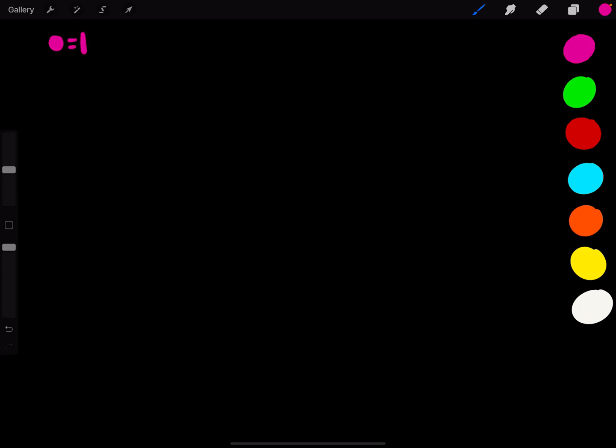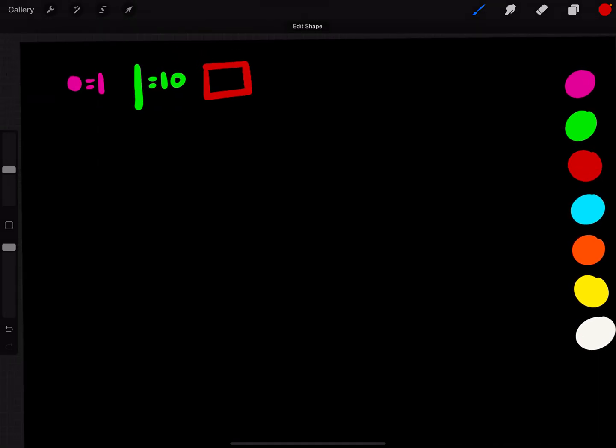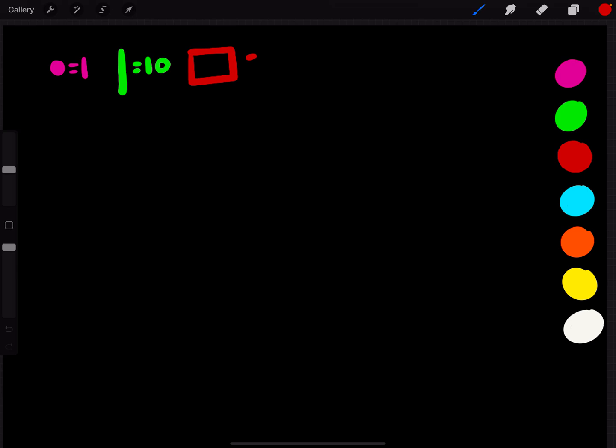And then we have that green to equal a tens rod, and it equals 10. And then we'll use this robust red to do a hundreds cube, and it's going to equal 100. Good job.